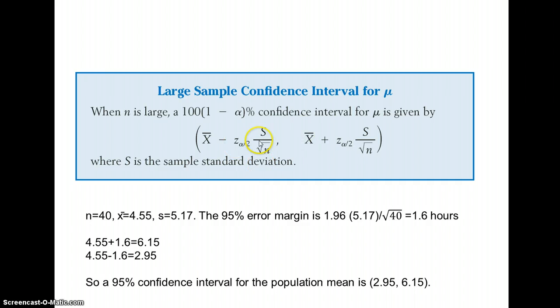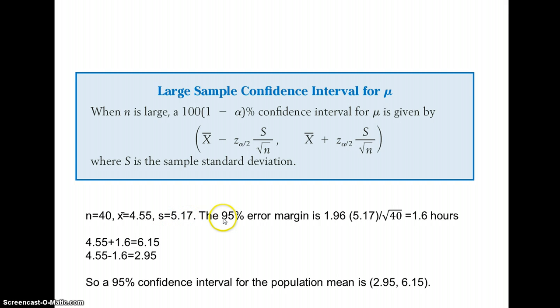So we can use this to do that example we talked about before. We have 40 as the sample size, and this is the sample mean 4.55, and you can always get the sample mean from a sample. You pick 40 students, you ask everybody about their community service hours, and you also use the formula we learned before in chapter 2 to find the standard deviation.